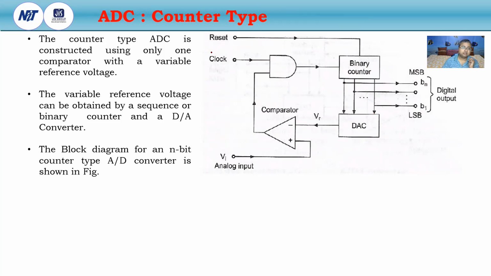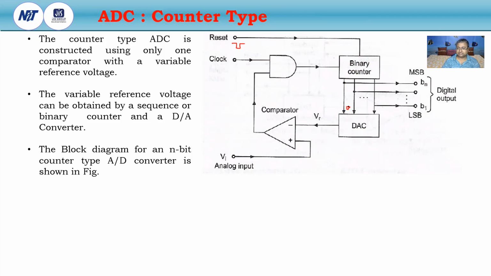The counter type ADC is constructed using only one comparator with a variable reference voltage. The variable reference voltage can be obtained from the binary counter and a DA converter. The basic principle is that when the reset, which is active low, is applied, the binary counter resets to logic 0.